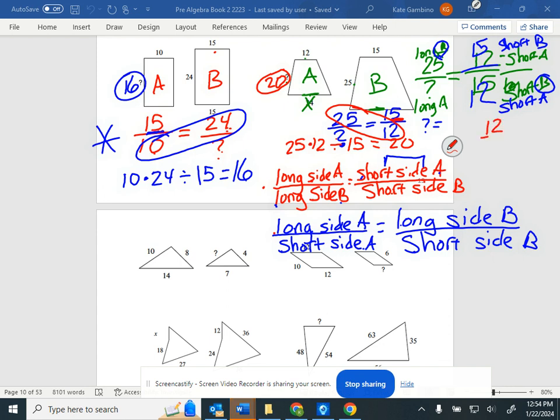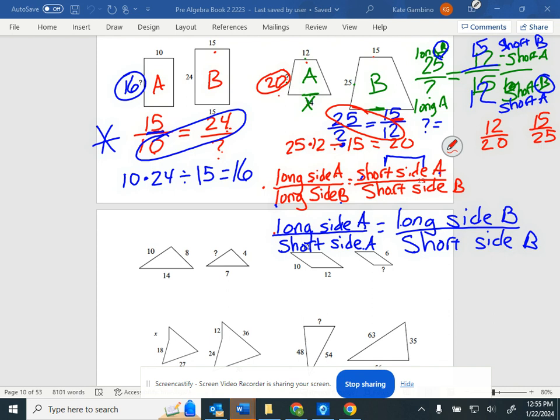So I could just say 12 to 20, 15 to 25. If they're proportionate, when I divide it, I should get the same decimal, right? 12 over 20, 15 over 25, I should have the same decimal because they are growing proportionately. That's your way to check, did I line up correctly?